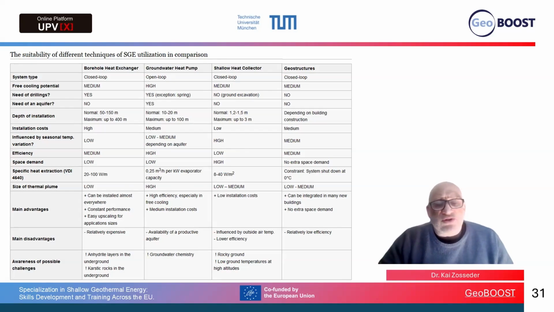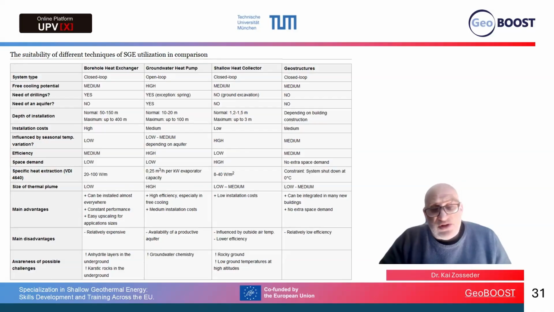Of course, it also depends on how much space you need for such systems, a higher space or a lower space. So, coming to the main advantages in the comparison, ball heat exchangers can be installed everywhere.